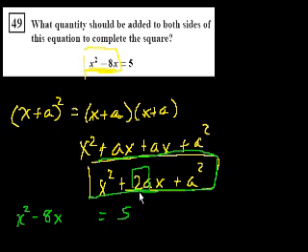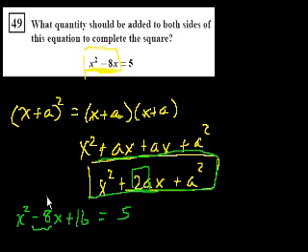A squared is half of 2a, squared. So if we took half of minus 8, that's minus 4. In this case, if we said 2a is equal to minus 8, a would be minus 4. And so minus 4 squared is what? It's plus 16.